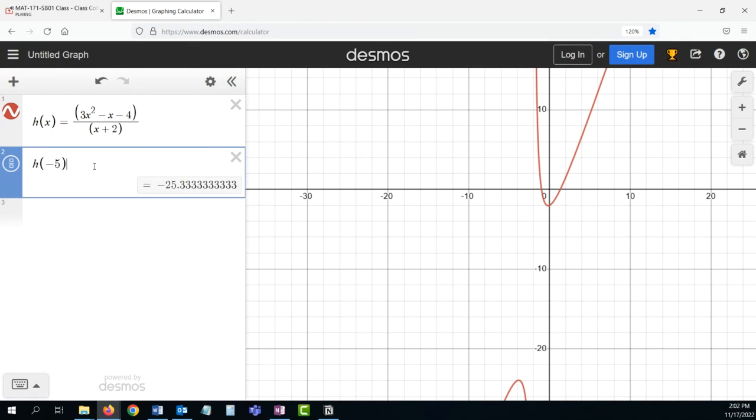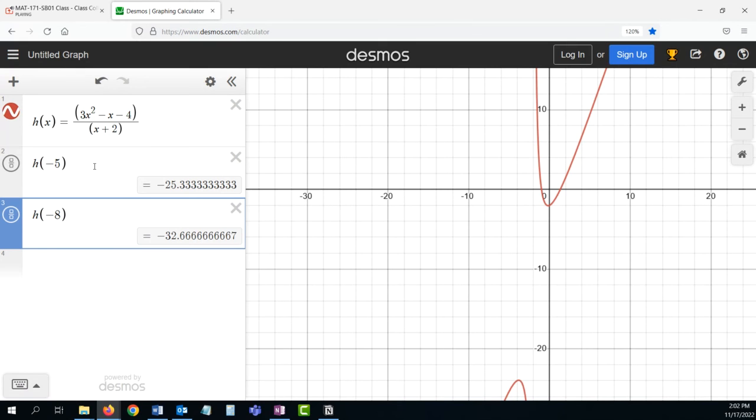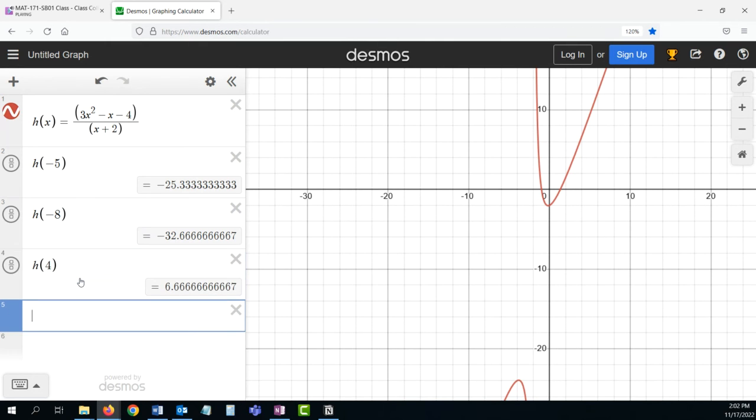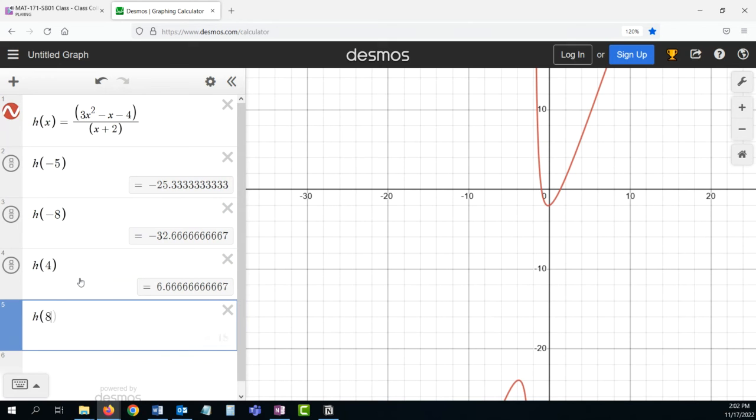Let's see, what was it when I got to -5? I'm at -25 1/3. What happens when I go to -8? Does it get better? No, I'm still way down here. So how about to the right? So what about h at 4? Can I graph that? Yeah, I can graph that. What about h at 8? No, I'm going all over the place.